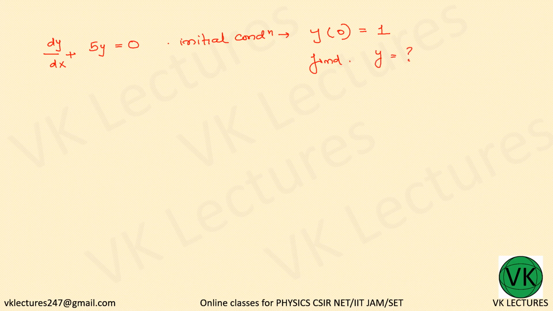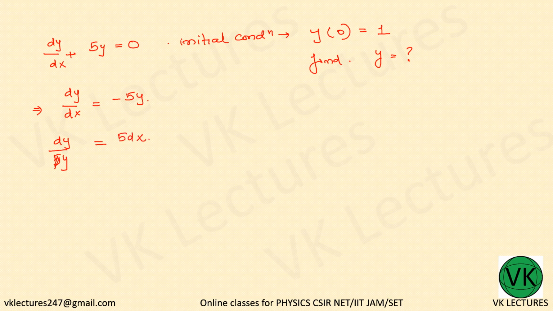Okay, so let's begin. So here immediately we can just shift the 5y to the right. You can write dy by dx is equal to minus 5y, then bring the y over here, or keep the 5 there and make it 5 dx.